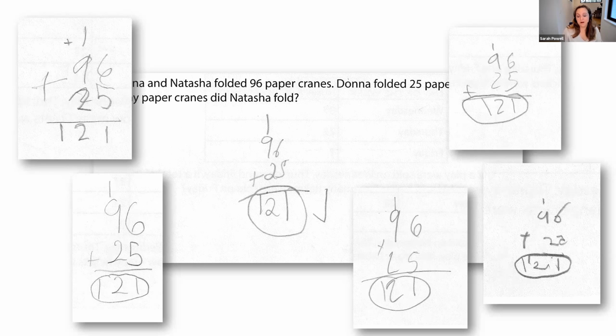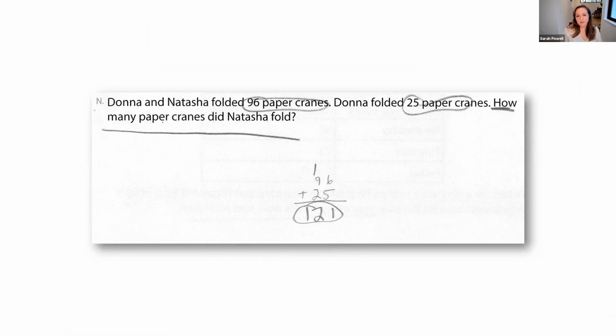So they are doing the computation well, but we can see that they don't understand the underlying construct of this problem. This student also added. I thought this was interesting work where they're circling important information and underlining the question. But again, they're adding 96 plus 25, which is a pretty common go-to strategy for students when they're solving word problems in the elementary grades.